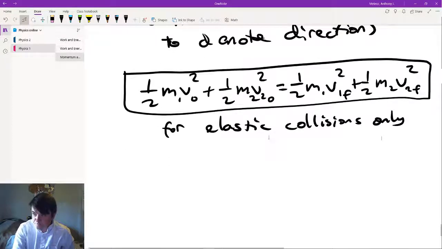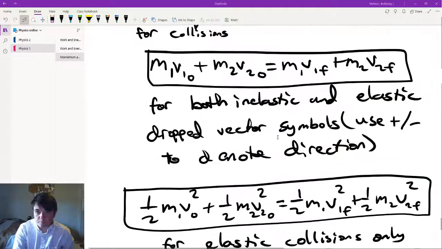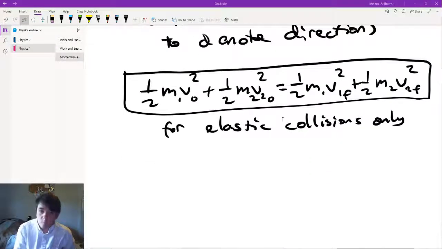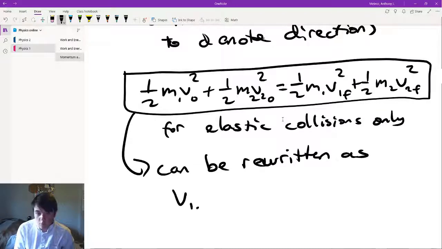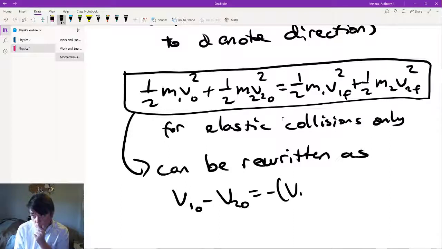Now again, this can be rewritten because this is a lot. You can basically cancel the masses. This is in certain situations only.